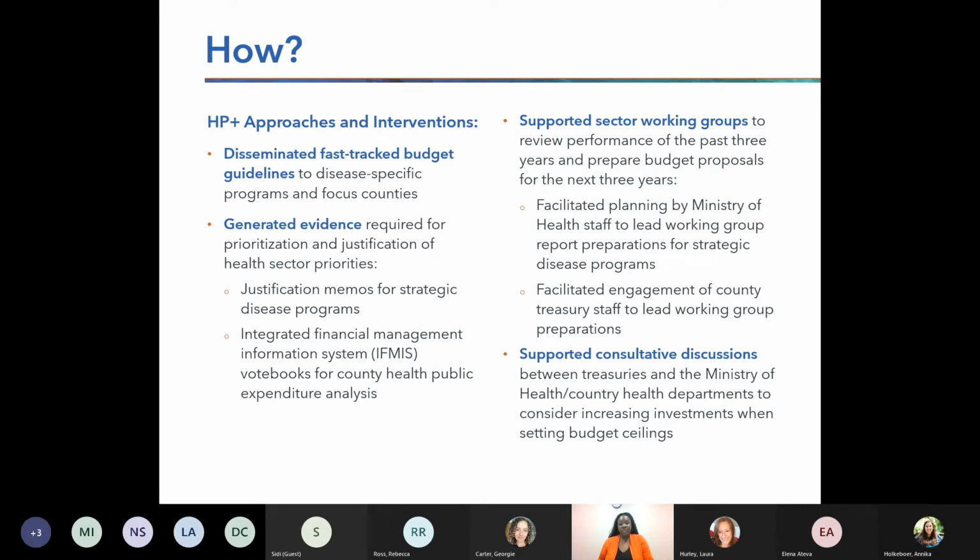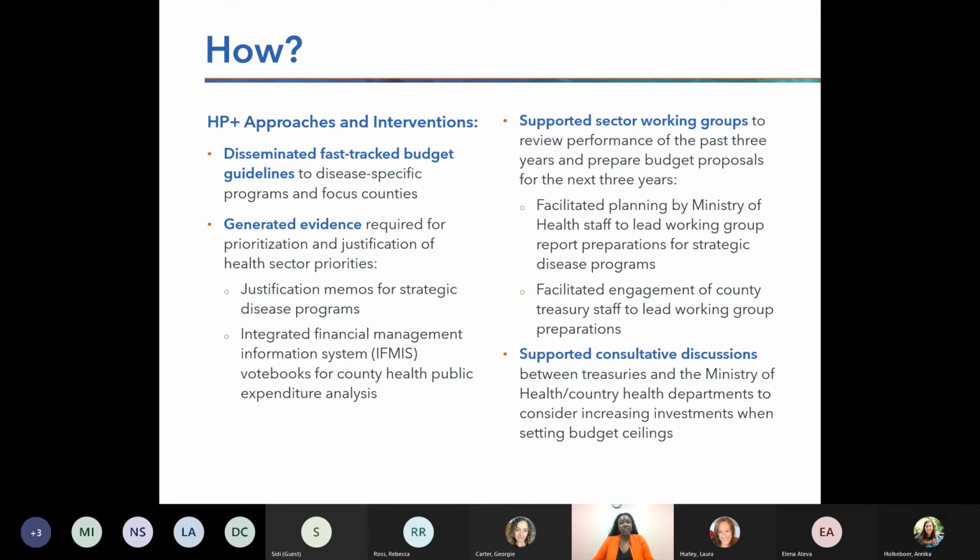Following this dissemination, both national and subnational levels were expected to generate necessary evidence required for prioritization and justification of the health priorities. These included justification memos at the national level, which were presented to the resource allocation panel of the National Treasury.